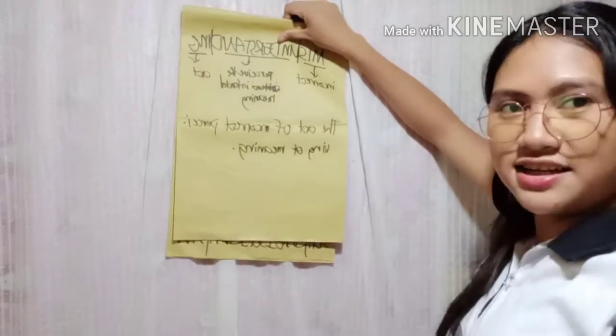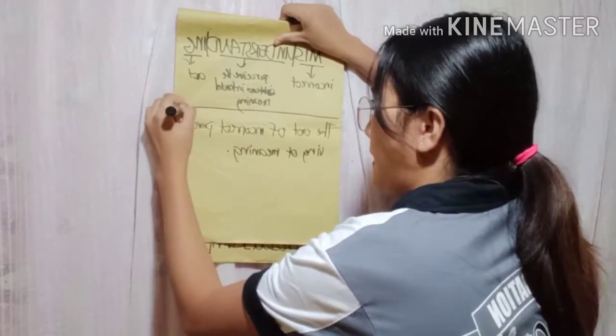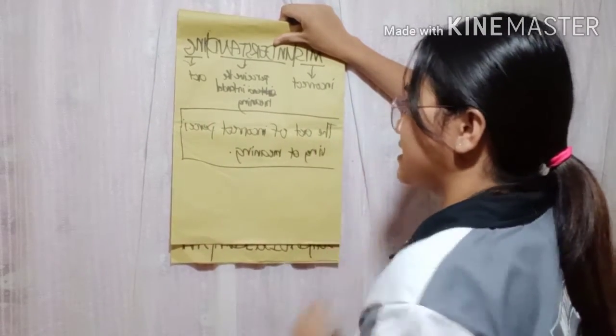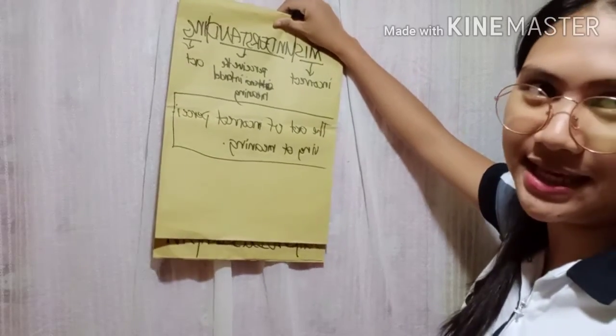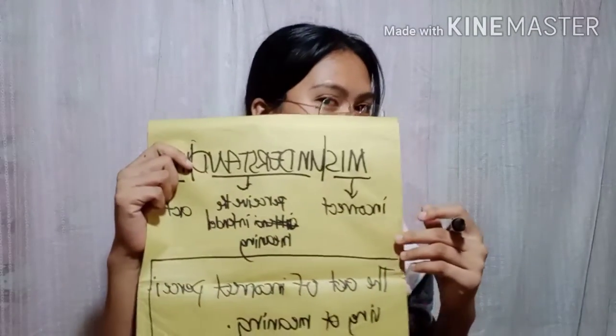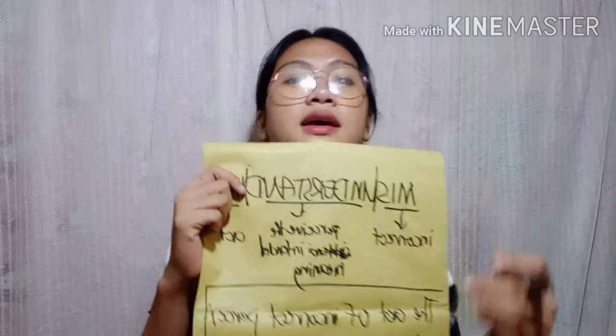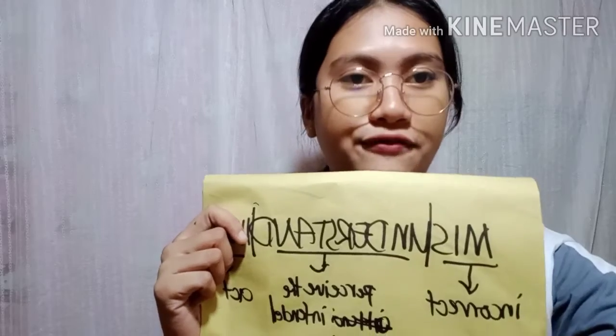So misunderstanding is the act of incorrectly perceiving meaning. So that is it. These are the examples of word cutting, or morphemic cutting.